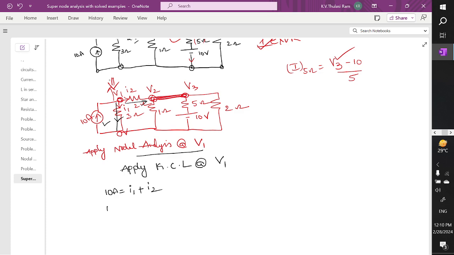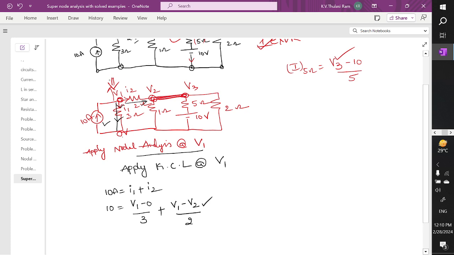So how to write this? 10 is equal to I1. Current is leaving, so with leaving polarity, plus V1, high potential V1 minus low potential 0, divided by 3 ohms, plus I2. We can write it as V1 minus V2, high potential minus low potential, divided by 2 ohms.